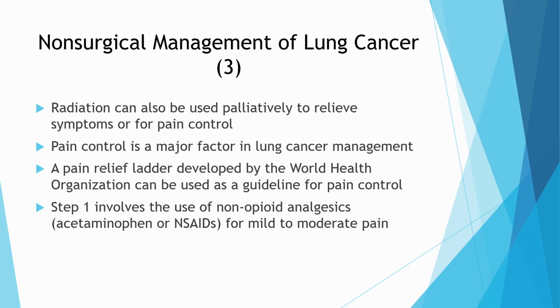Pain control is a major factor in lung cancer management. A pain relief ladder has been developed by the World Health Organization, and it can be used as a guideline for pain management. Step 1 will involve the use of non-opioid analgesics, such as acetaminophen or an NSAID, and we can use this for mild or moderate pain.